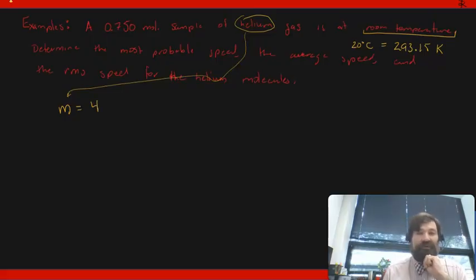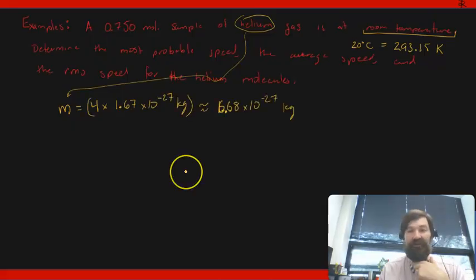We haven't discussed protons and neutrons at this point in physics, but you can approximate this as 4 times the mass of a hydrogen atom. A hydrogen atom is approximately 1.67 times 10 to the negative 27 kilograms. So that's how you get the mass for these guys. That's about 6.68 times 10 to the negative 27 kilograms.